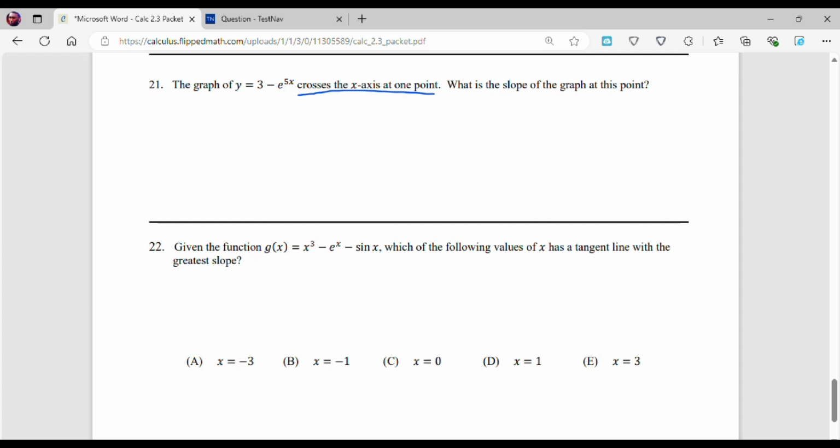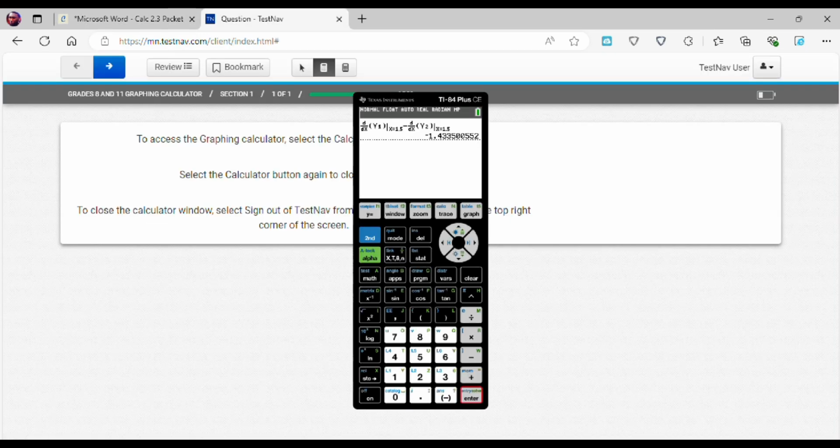So how do we find out when y crosses the x-axis? Well, that's the same thing as finding a zero. A zero crosses the x-axis. So we're gonna solve for our zero. So 3 minus e to the 5x. Now, unless you guys know something I don't, I'm gonna have to use a calculator for this one.